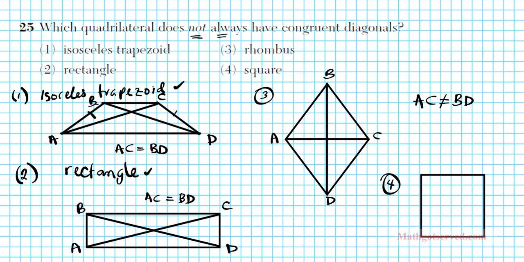Connect it right here. There you go. Those are the diagonals of our square, and they are always congruent. So we have A, B, C, D. In this case, AC is equal to BD. Diagonals are congruent. So this passes. The only one that fails is the rhombus. So our answer is option number 3.